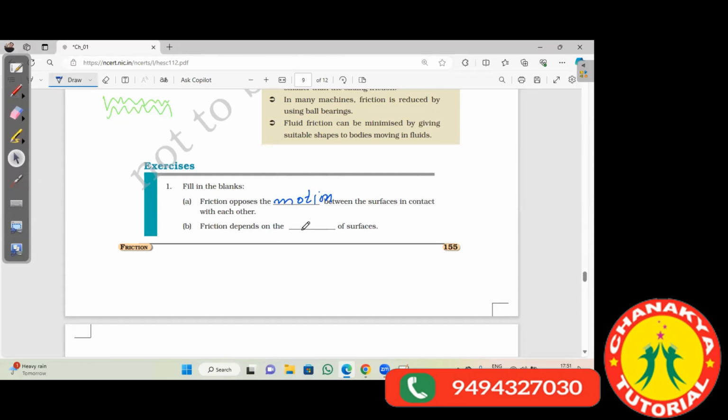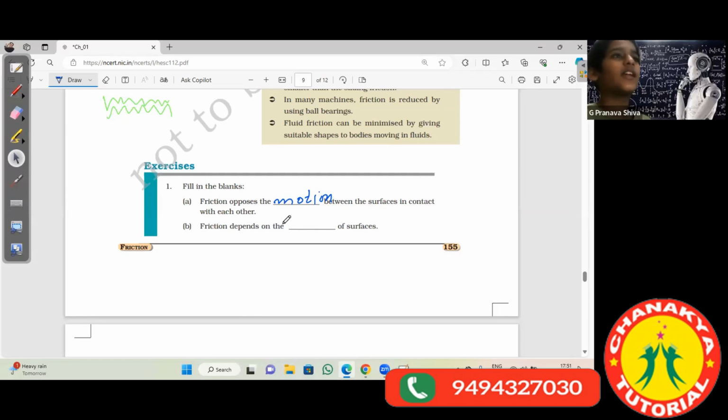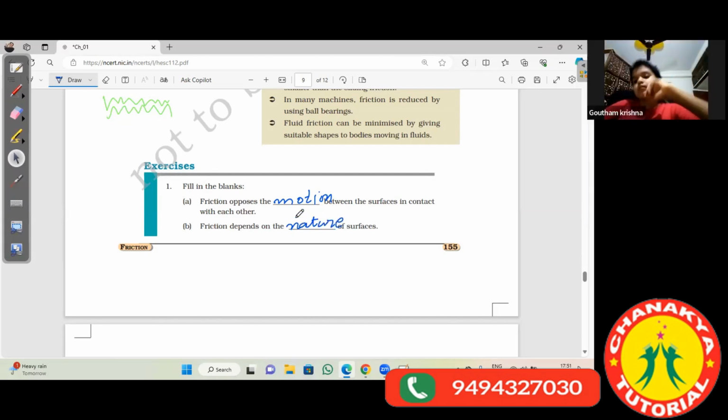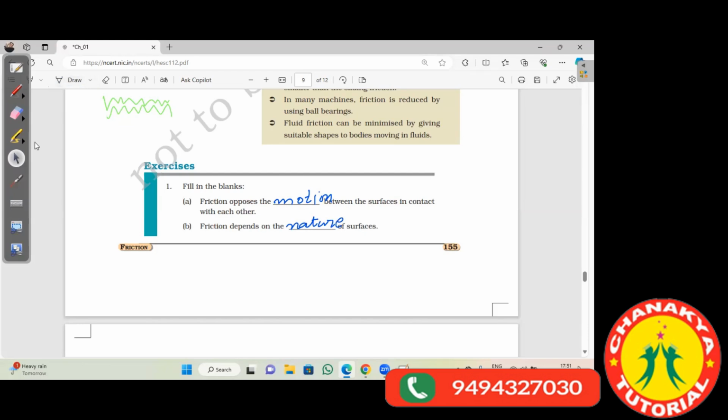Friction depends on the nature of the surface. You can write roughness of the surface, or nature of the surface. The best word over here is nature of the surface. So friction depends on the nature of the surfaces.